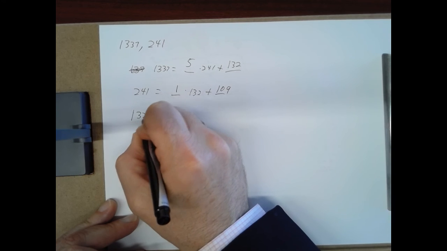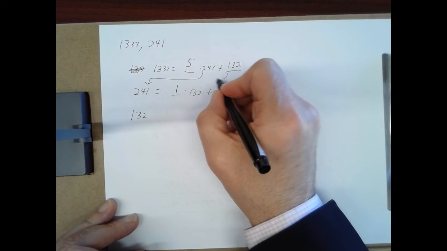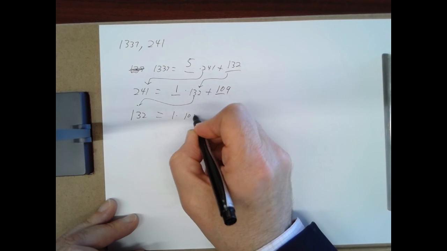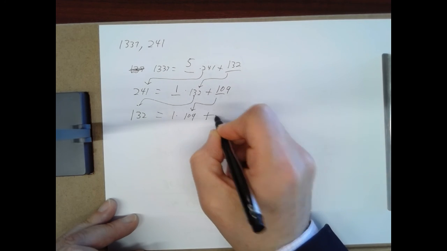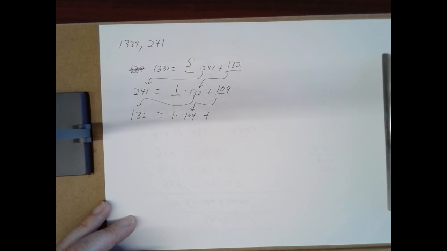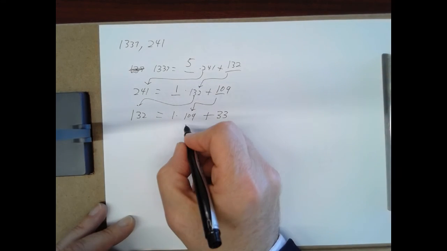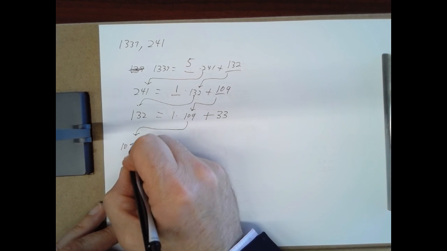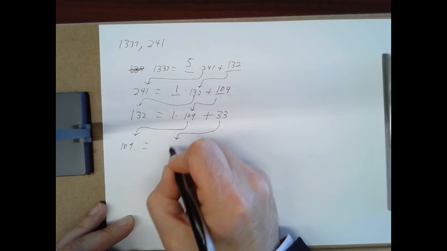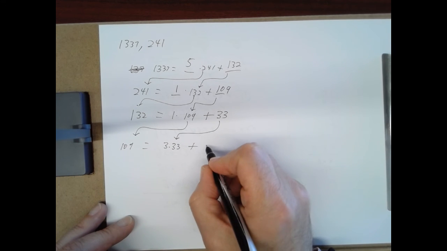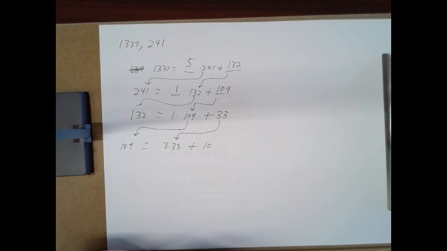And so 132, let me put my little arrows in here. 132 equals 1 times 109 plus 33. 109 equals, looks like 3 times 33 is 99. Did I mess up?